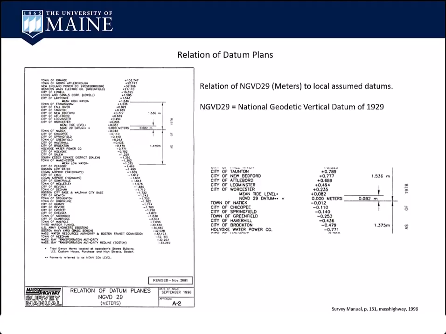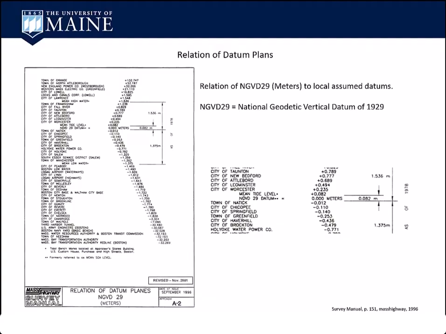So they have an assumed datum, and you'd go into the MBTA and say, we're working for you and we need some control, and they'll give it to you. Mass Water Resources, again, big drainage works.